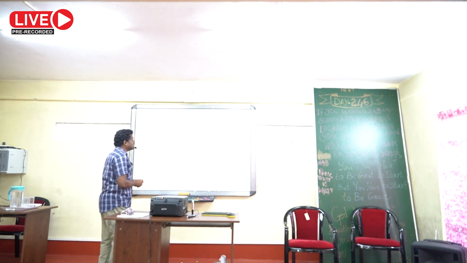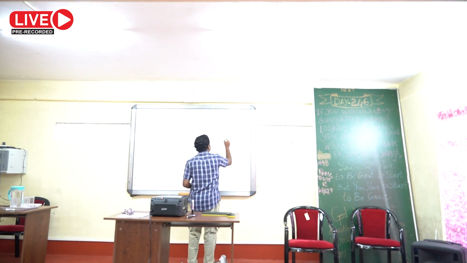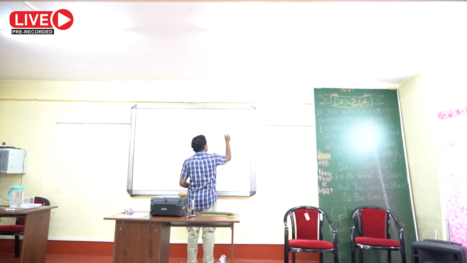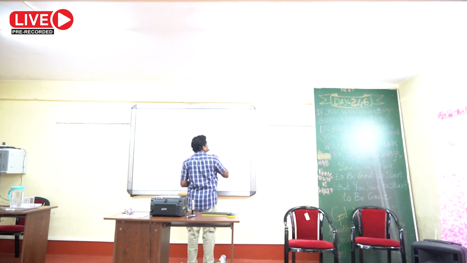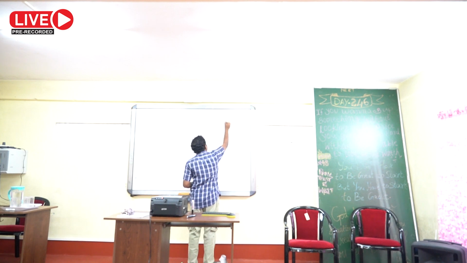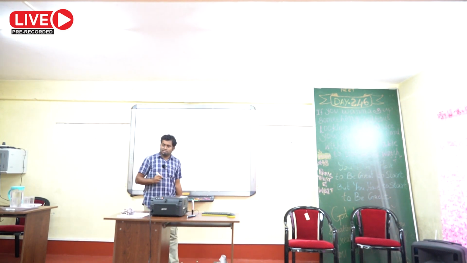The parallel axis theorem says that if there is a body, I consider this is the center of mass axis, and with the center of mass axis the body has a moment of inertia, suppose IC.